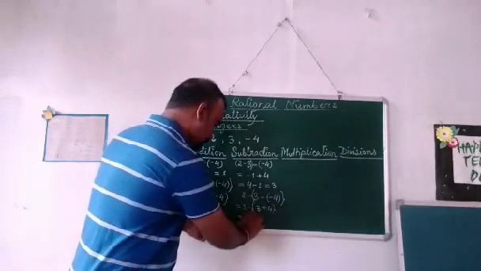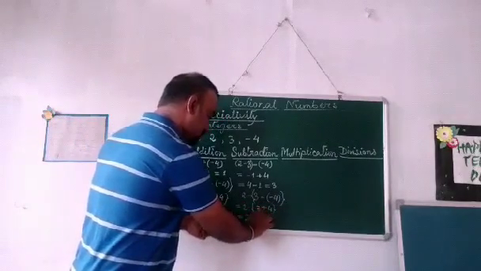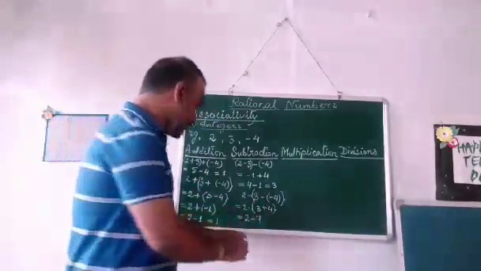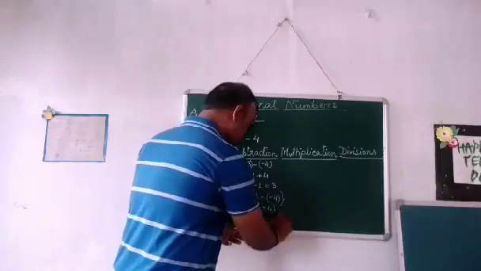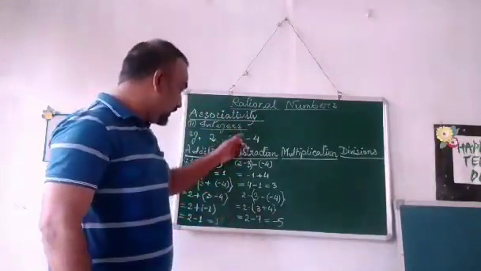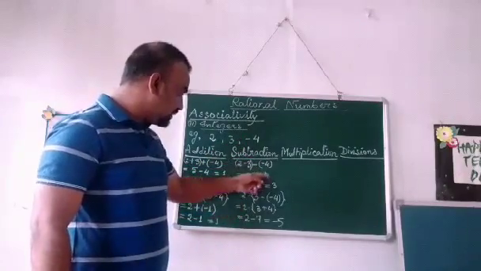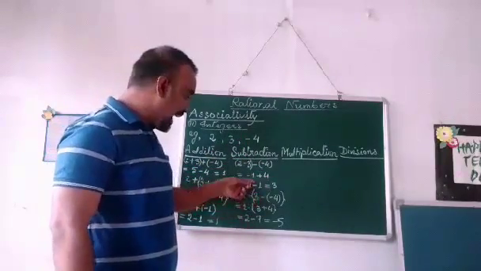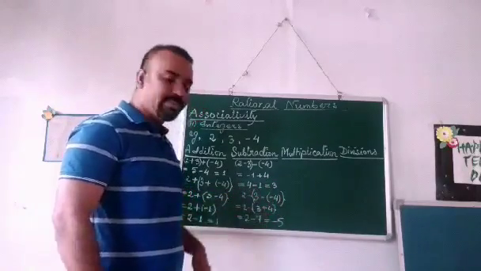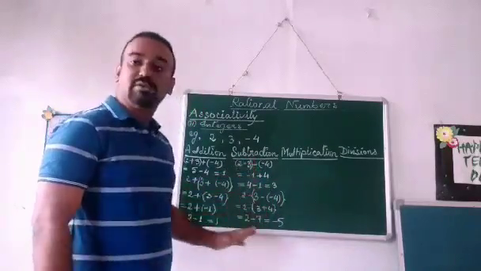Here 2 minus 3 plus 4 is equal to 7. 3 plus 4, 7. 2 minus 7 will be minus 5. Now in subtraction, the first answer was 3, and when you combine the other numbers, the answer came as minus 5. So there are two different answers.